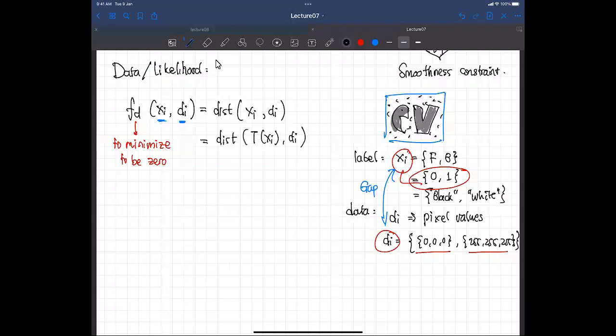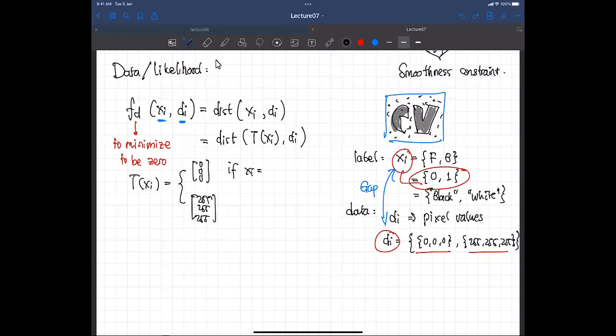So what is ti? So ti, or t of xi, is to transform this into black or white. In this case, 0, 0, 0 or 255, 255, 255. So this is 0, 0, 0 if xi equals to what? Anyone?